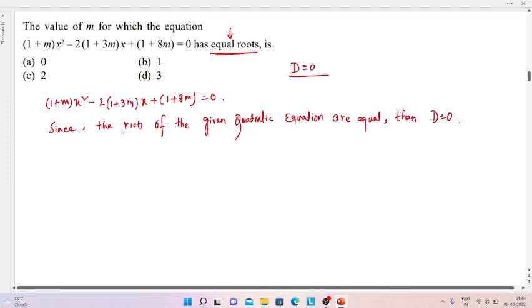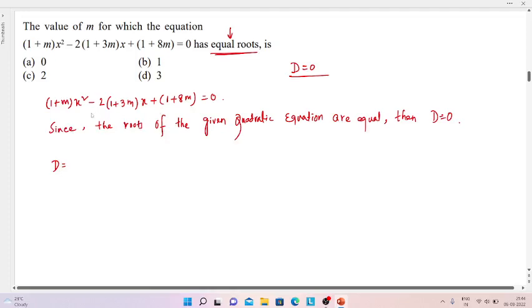And you know what the value of D is? D, for the quadratic equation ax square plus bx plus c equals 0, is b square minus 4ac, where b is the coefficient of x, and a and c are the coefficient of x square and the constant term respectively.